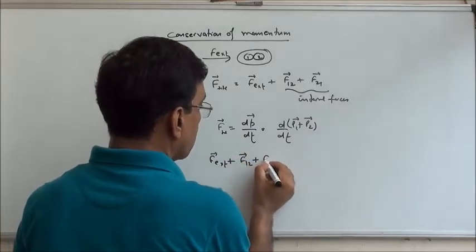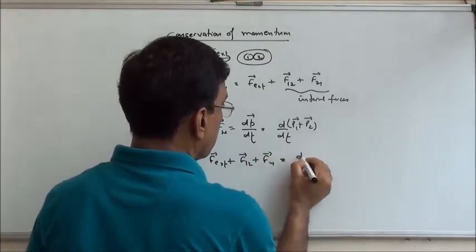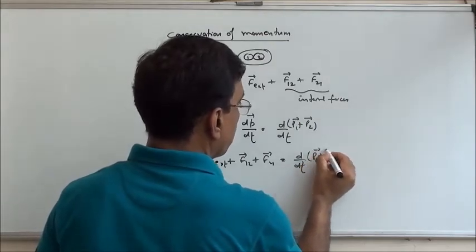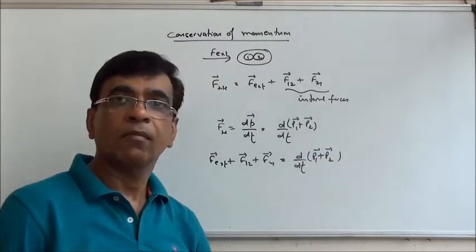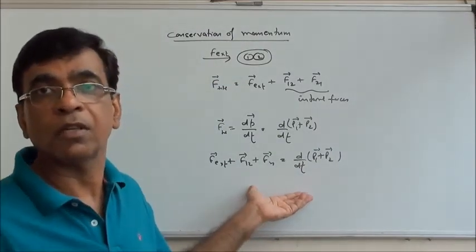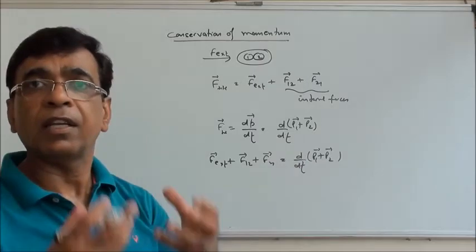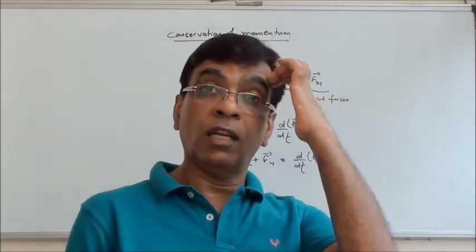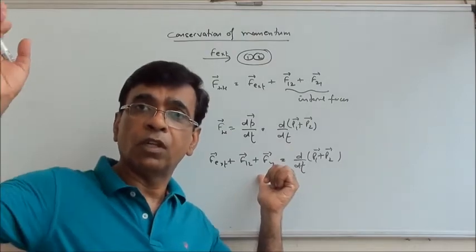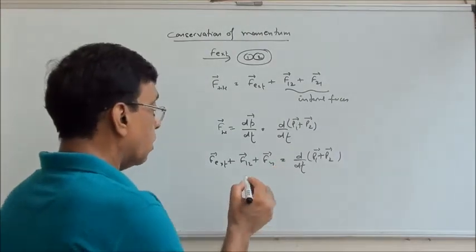We have done all these, I am just revising. It is d by dt of P1 plus P2. Now it is for a system of particles. If I have a collection of many particles, then I have to include all the pairs, F12, F13, F14 and so on.